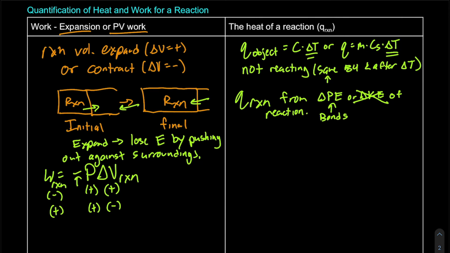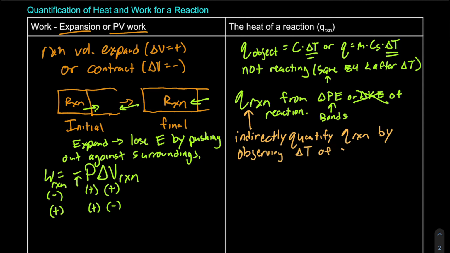Well, we don't have the ability to directly quantify potential energy of our reactants and potential energy of our products. So we'll notice here, when we're looking at the Q of a reaction, we're going to indirectly quantify the Q of the reaction by observing the change in temperature of our surroundings.